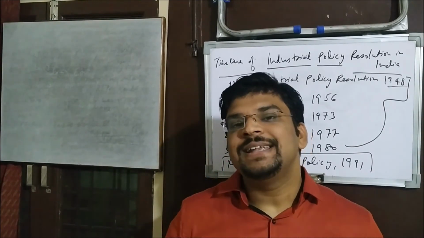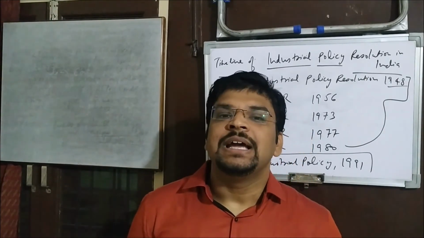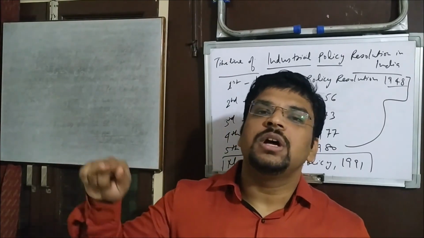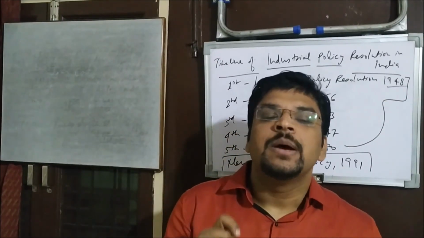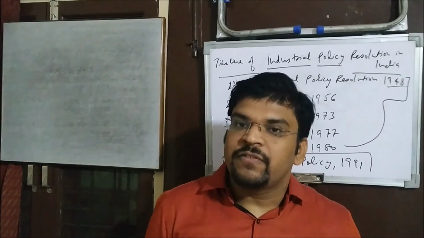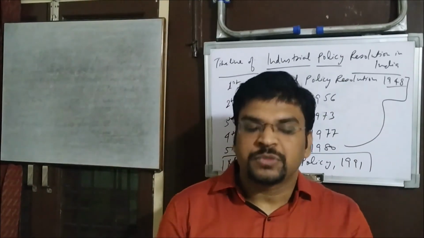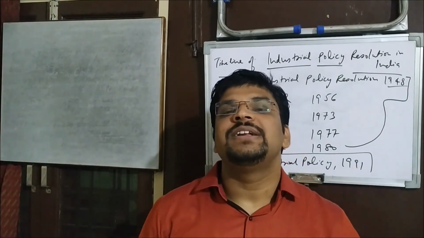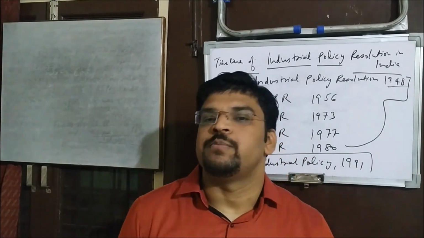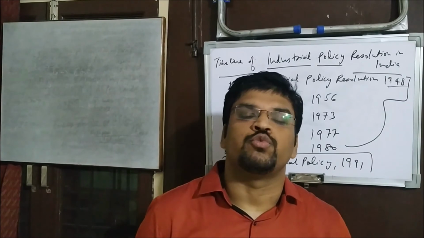So the government had that fear, and because of that it had closed all the doors for the development of private industries. If I say that during this period the government literally throttled the private industries, it will not be hyperbole, right? It was that kind of situation.